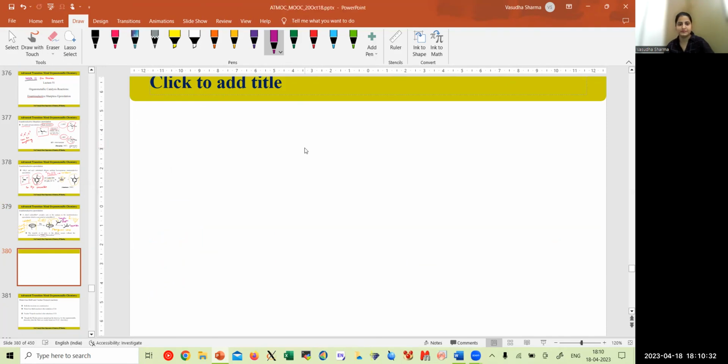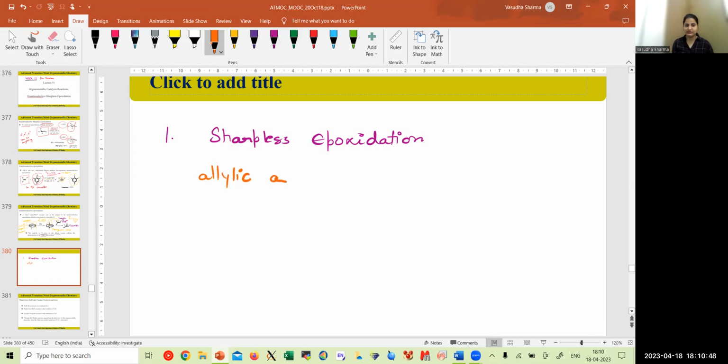Second. So first we saw the Sharpless epoxidation, which is mainly focusing on the allylic alcohol to give you the epoxides.